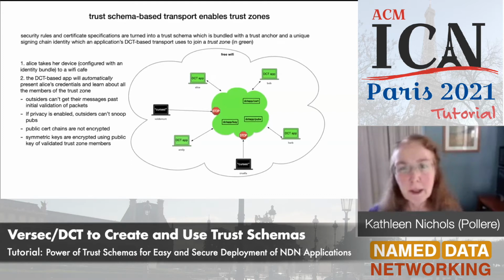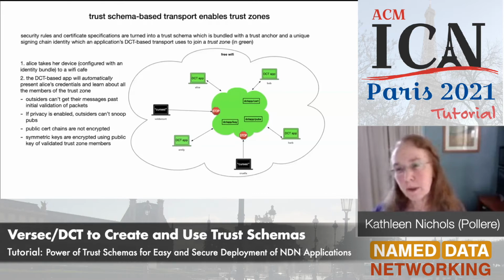We take the security roles and the certificate specifications for this particular distributed application that we want to create a trust zone for, and they're turned into a trust schema, and that gets bundled with a particular trust anchor and a unique signing chain identity for each participant, each entity, which an application's DCT-based transport could use in order to join the trust zone.